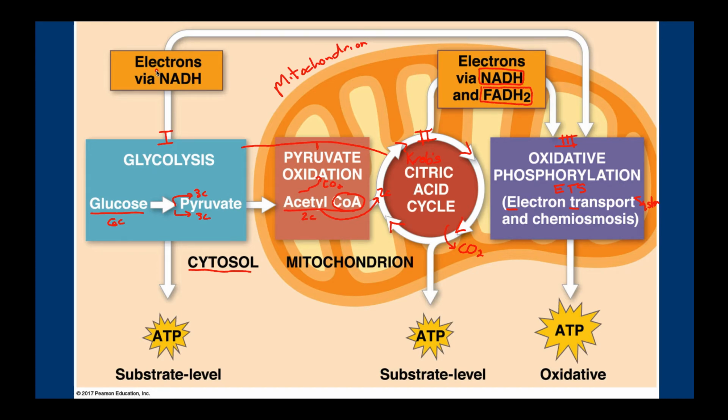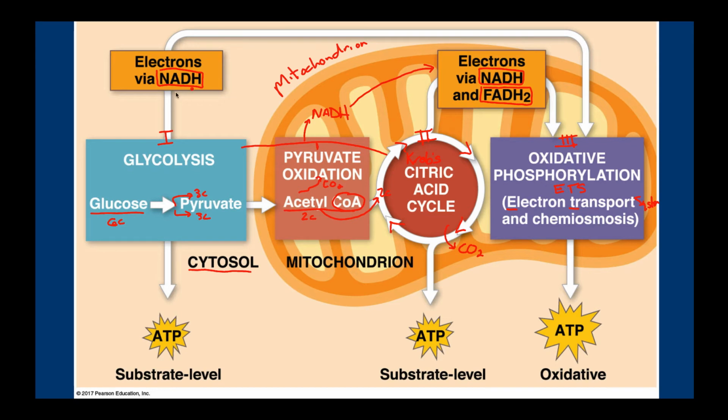Now, there are NADHs that will be coming out of glycolysis, and there also is some NADH produced during pyruvate oxidation, okay? And all these NADHs go to the last phase, which is oxidative phosphorylation.